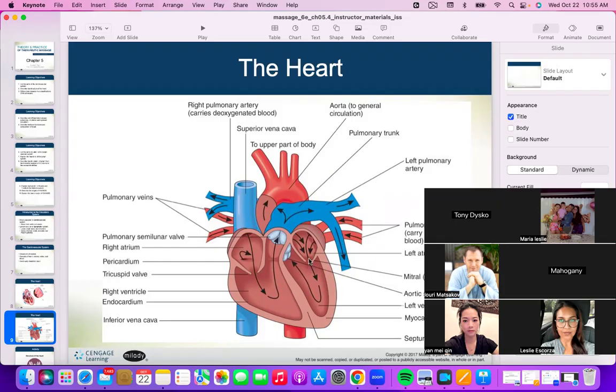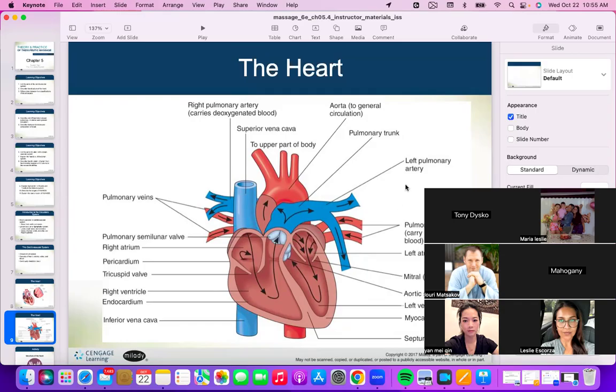The left is smaller, while the right is larger. The top chambers are called atriums, left and right, and the lower are called ventricles. So think of the letter V for ventricles and A for the atriums.